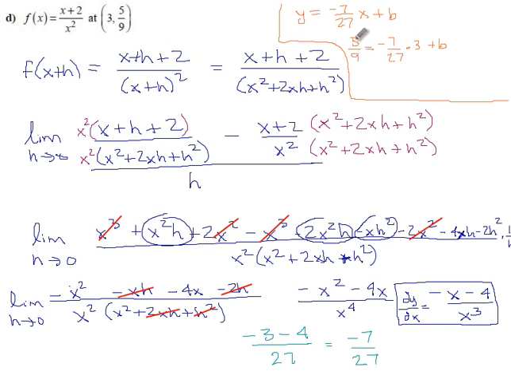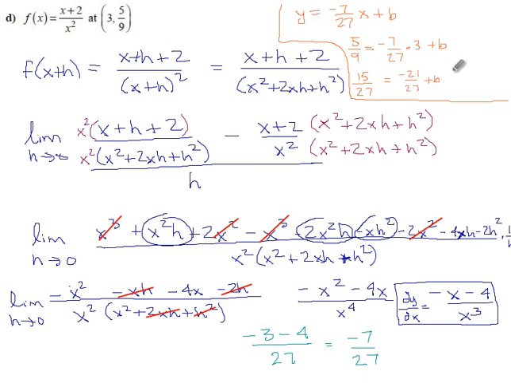I'm going to get a common denominator of 27 because I feel like I'm going to need it. So triple this fraction. 5 times 3 is 15. 9 times 3 is 27. Equals, over here we get minus 21 over 27 plus b.